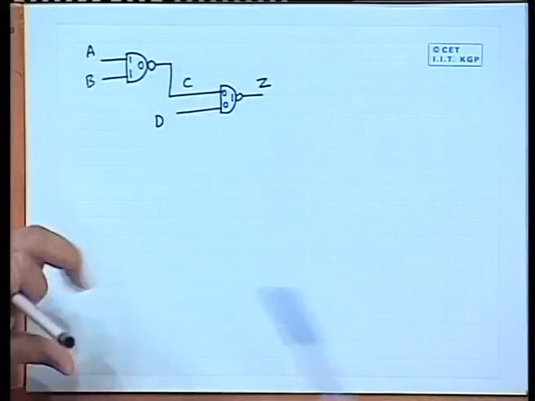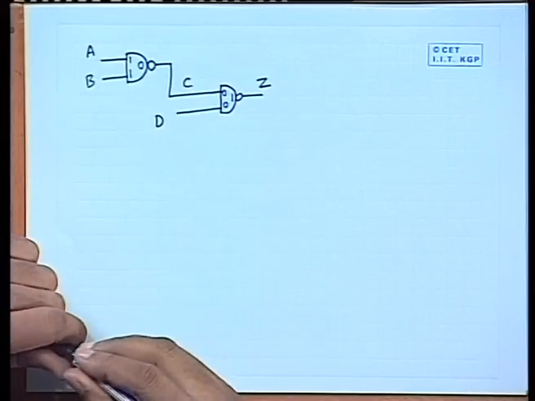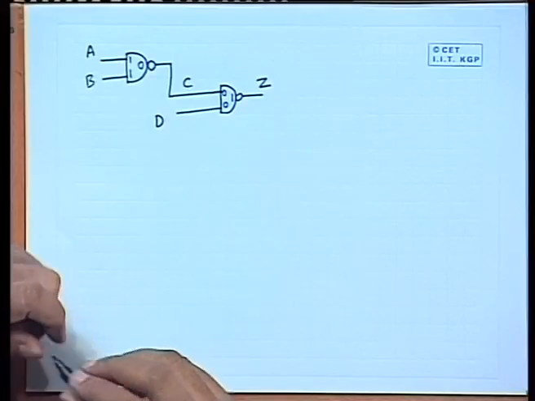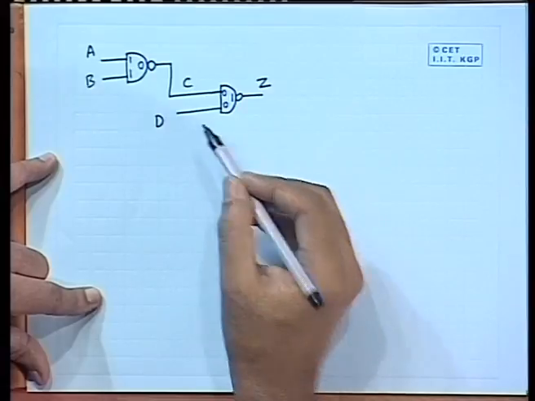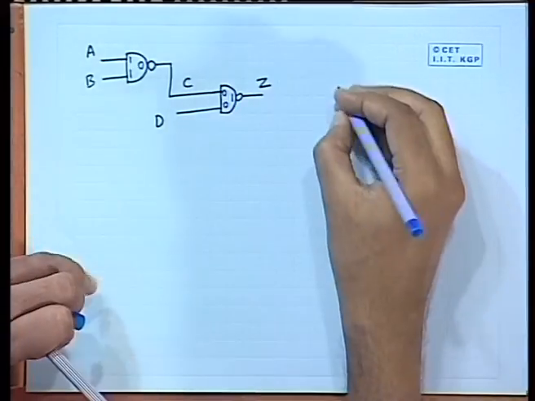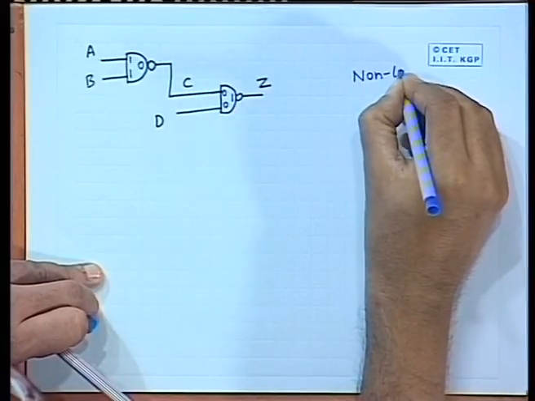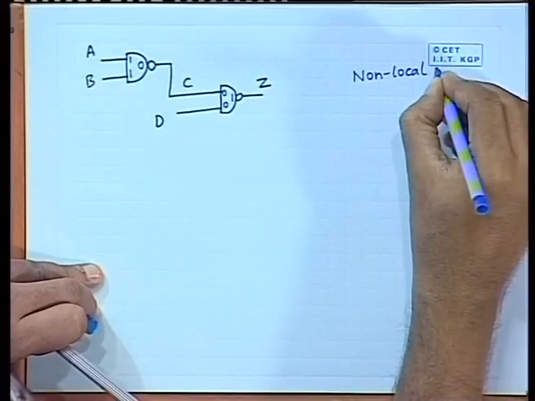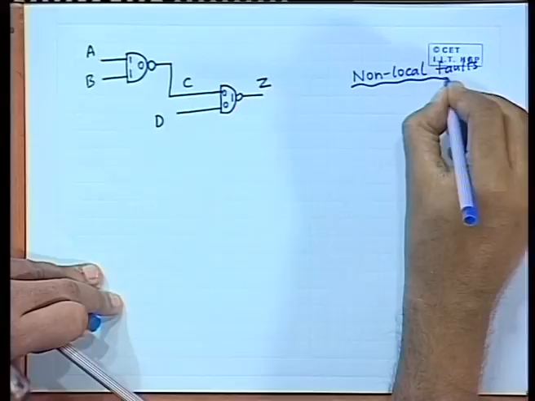Also consider the faults that we are considering. Of course, we will be considering the local faults. Local fault means faults at lines A, B, C and D, but in addition to this, we will also be considering some non-local faults, just for the sake of illustration, so that in the fault list the non-local faults may also appear.